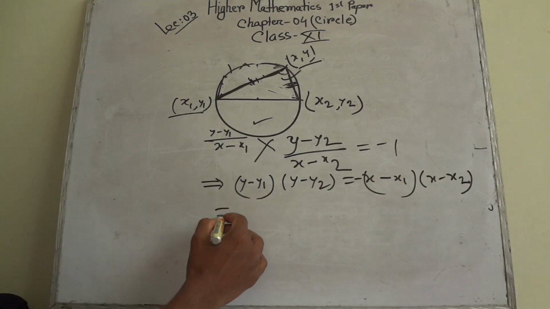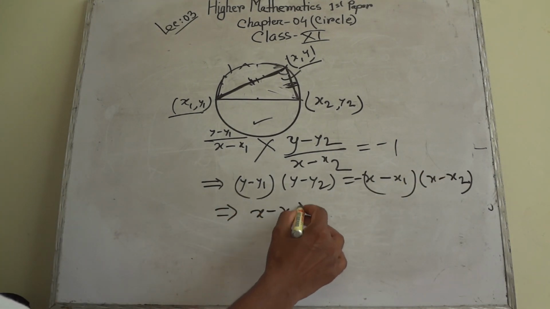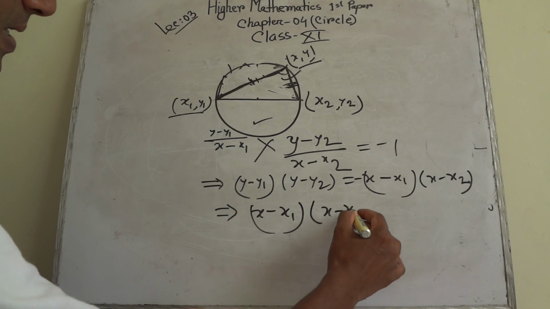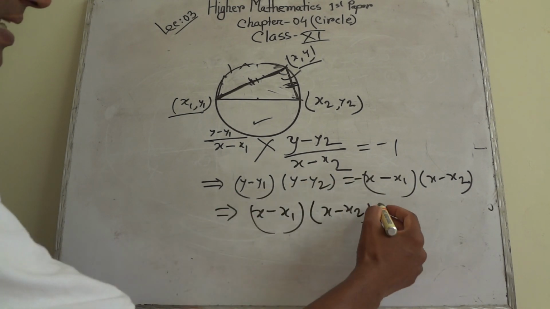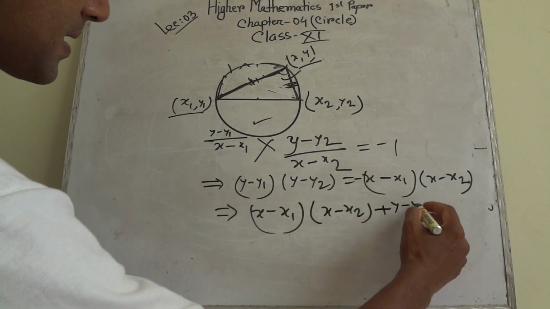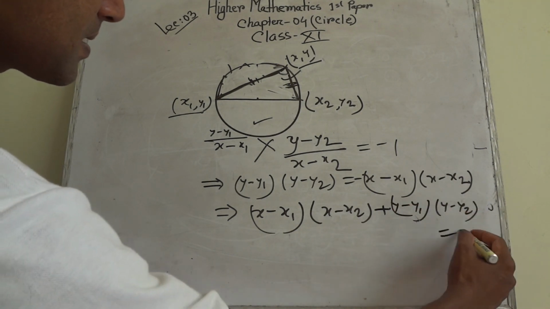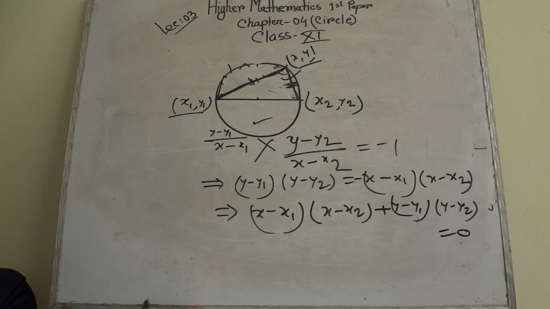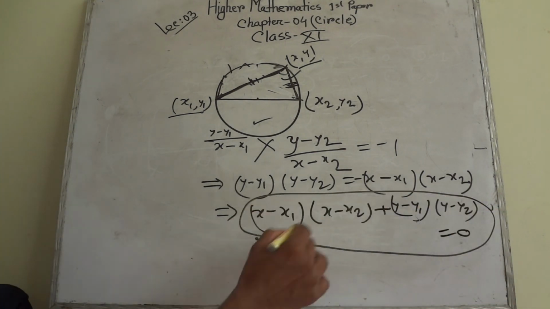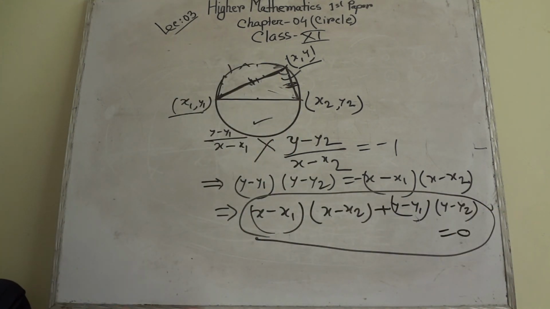Take this to the left side: (x minus x1)(x minus x2) plus (y minus y1)(y minus y2) equal to 0. This is the equation of circle when the end points of a diameter are given.